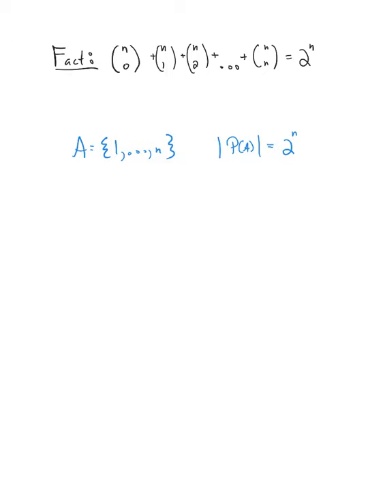2 to the n. And if you think about what's going on here, well, let's look at this n choose 2. If we think about this in terms of subsets of set A, we're choosing two elements in A. There's n elements in A, we're choosing 2 of them, and it's the number of ways you can do that.